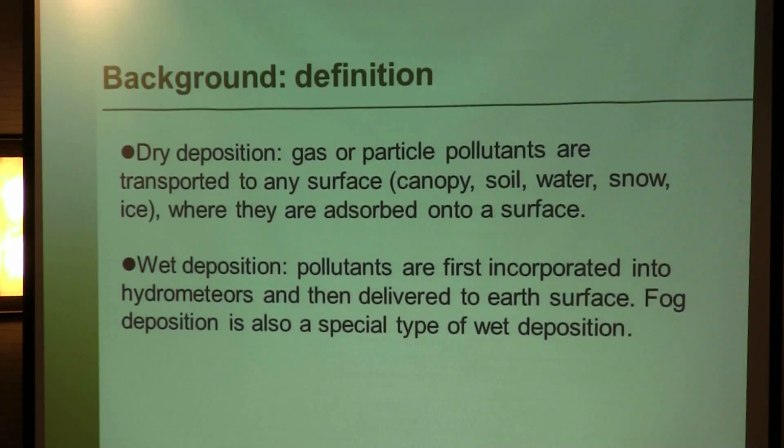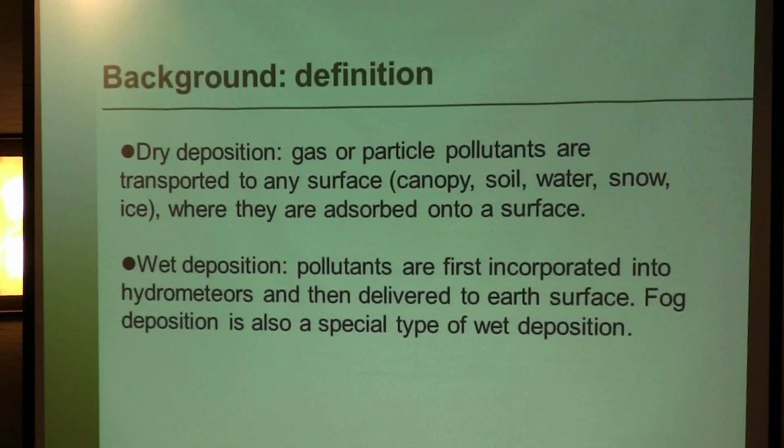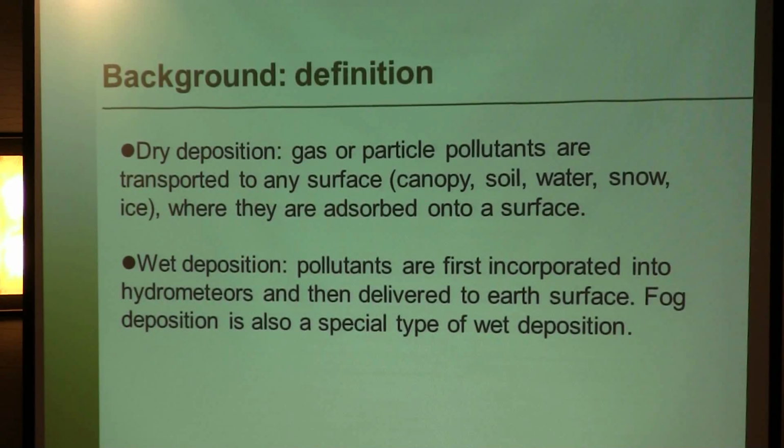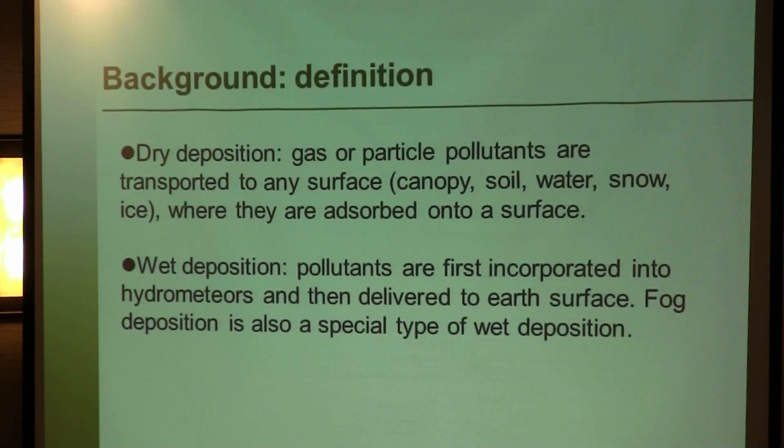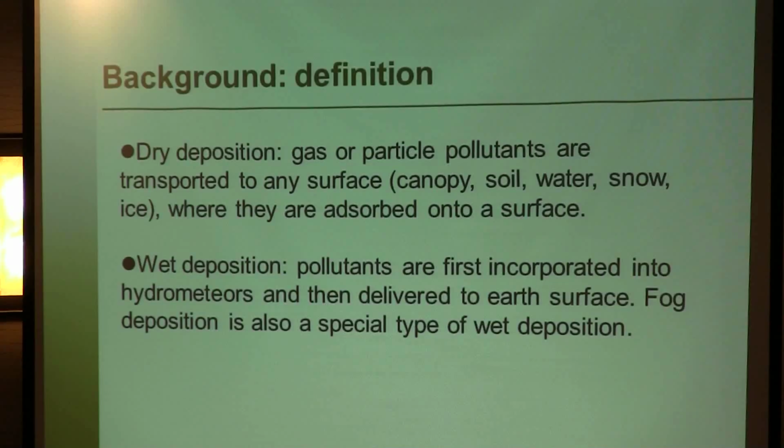Dry deposition: when pollutants are transported from the atmosphere to the lower layer of the atmosphere, contact the Earth's surface and are taken up by different surfaces such as canopy, soil and water, these processes are called dry deposition.